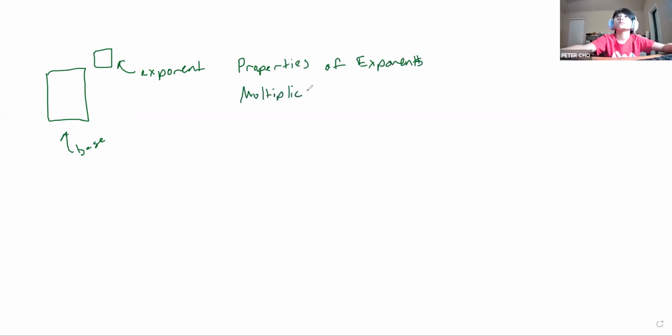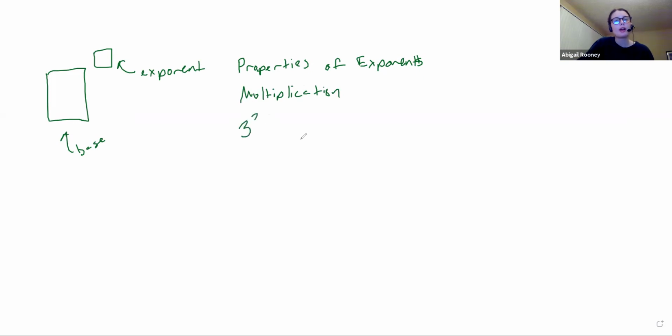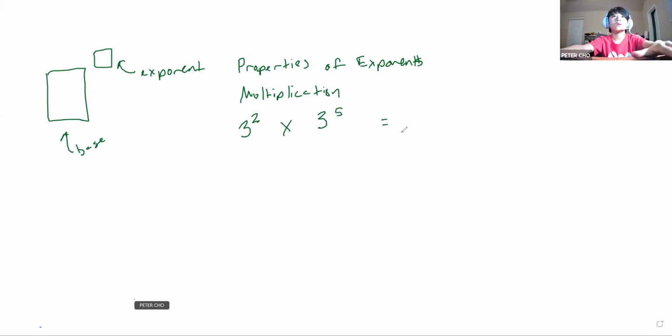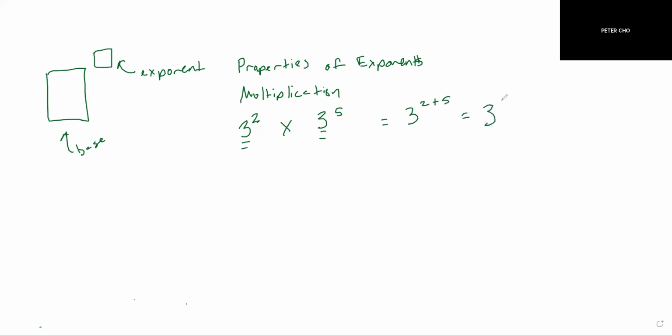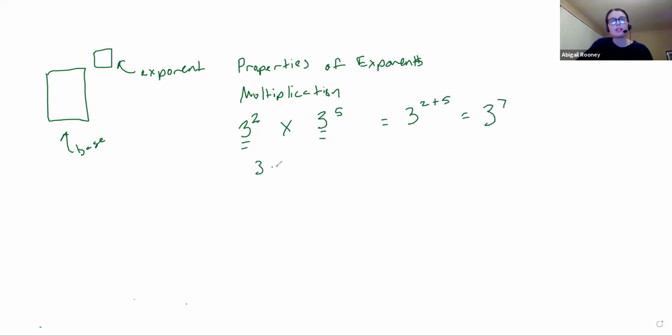For example, if we have 3 squared times 3 to the 5th, we keep our base the same, since the base is the same for each number, and we add our exponents. So 3 to the 2 plus 5, which is 3 to the 7th. And this makes sense, because this is 3 times 3, and then times 3 times 3 times 3 times 3 times 3.